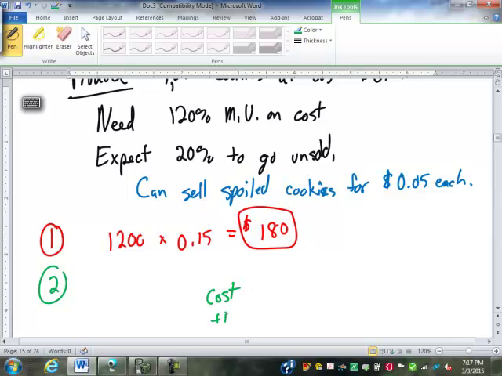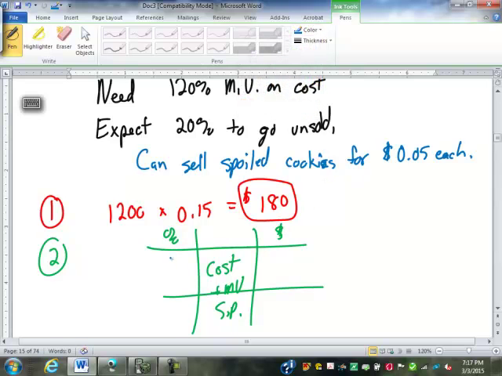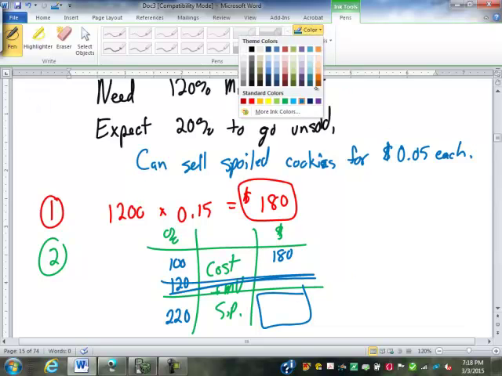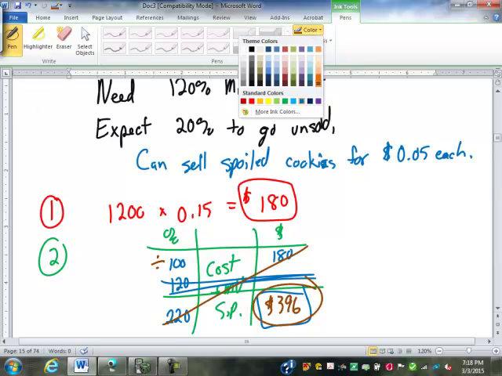Step 2 is still the same. 120 is the markup, so the selling price is 220%. $180 here, looking for that, cross multiply. 220 times 180 divided by 100 is 396, correct? So we need $396 out of this batch of cookies.